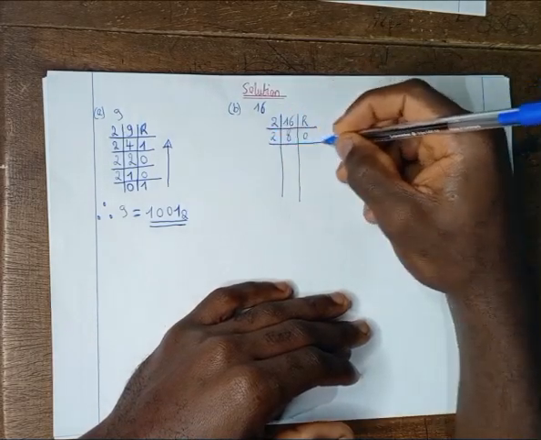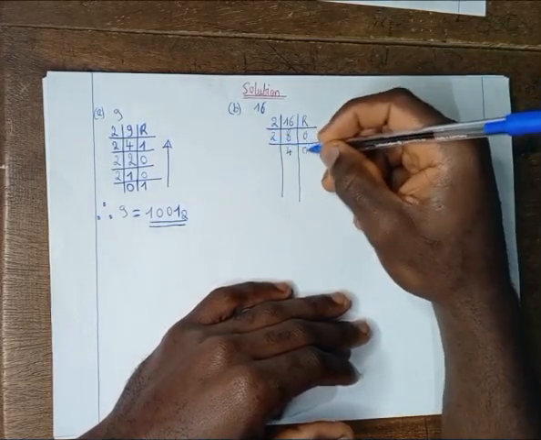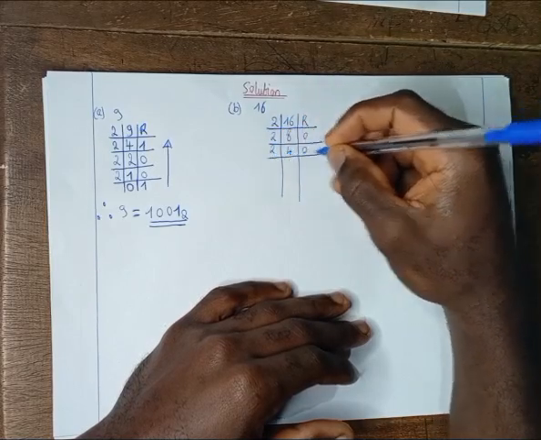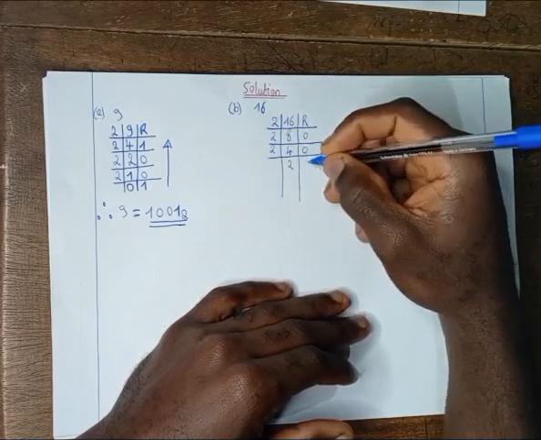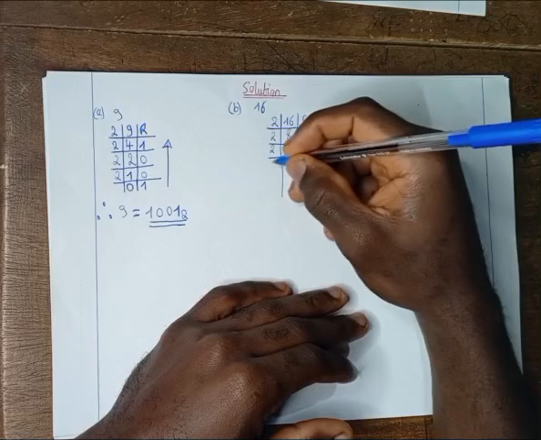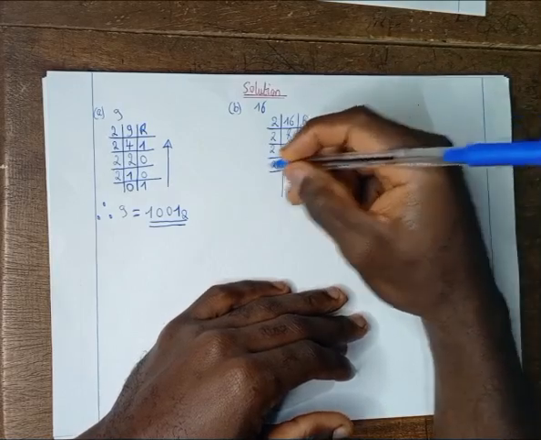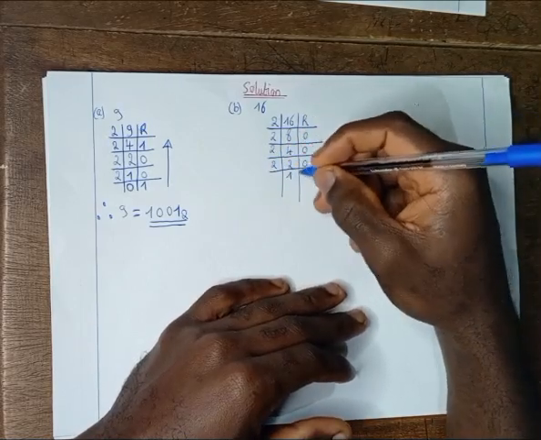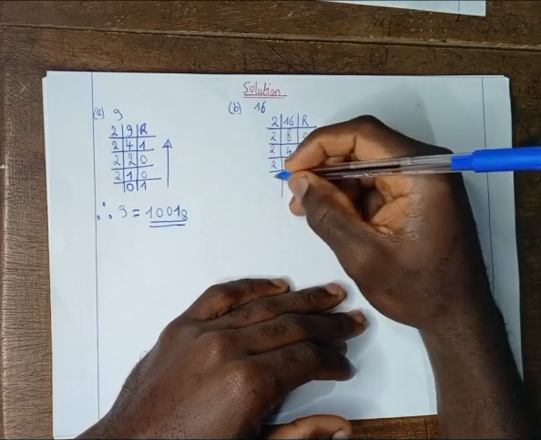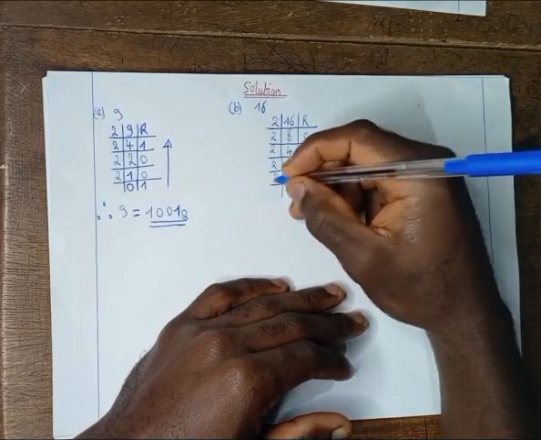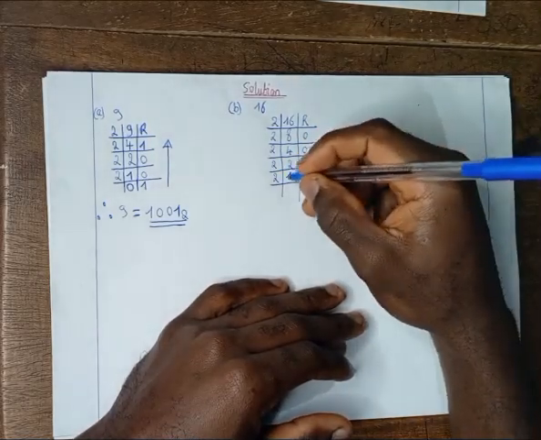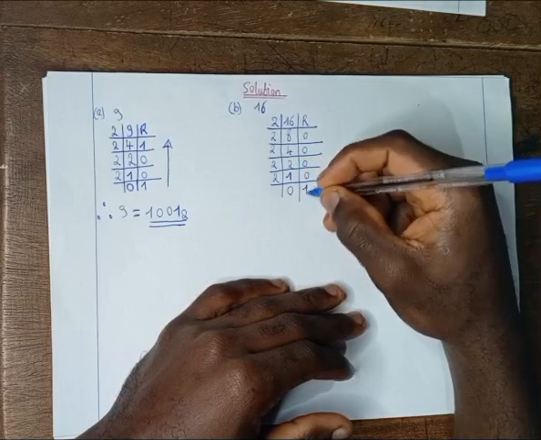We bring down 2. 8 divided by 2 gives us 4, remainder 0. We bring down 2. 4 divided by 2 gives us 2, remainder 0. We bring down 2. 2 divided by 2 gives us 1, remainder 0. We bring down 2. 1 divided by 2 gives us the whole number part of 0, remainder 1.